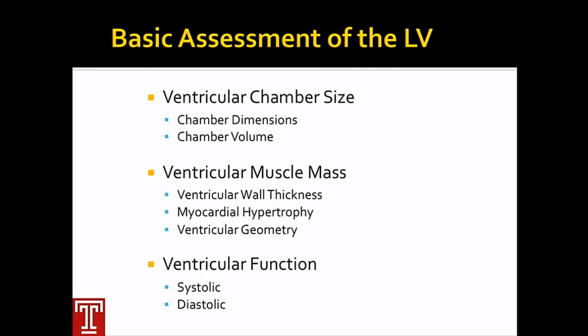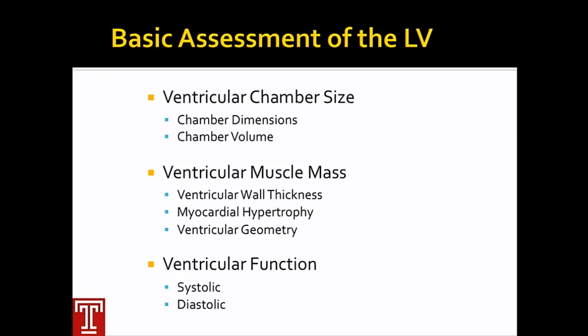And we also, in that combination, need to be able to speak not only of elevations or changes in left ventricular myocardial mass, but also changes in left ventricular geometry. And so we have to talk a little bit about that today as well. A basic assessment of the LV also requires us to assess systolic and diastolic function.